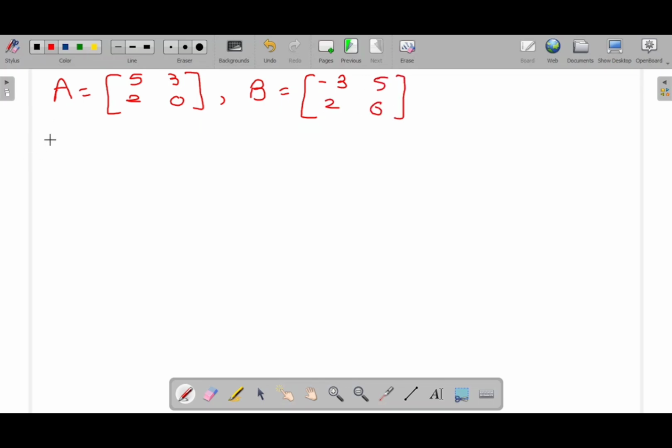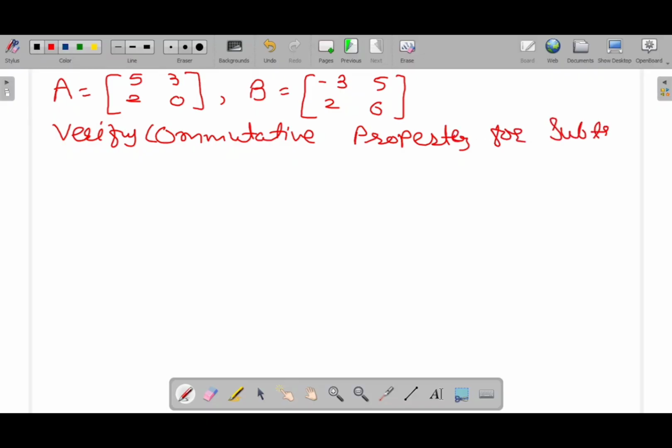And if I have to subtract them, the question is verify commutative property for subtraction. Commutative property for subtraction means you have to verify whether A minus B is equal to B minus A or not.